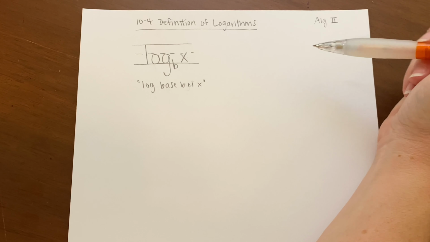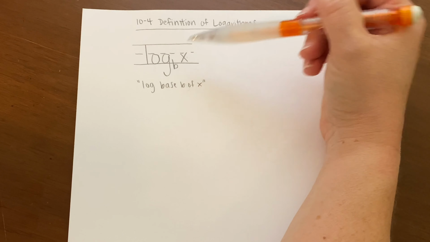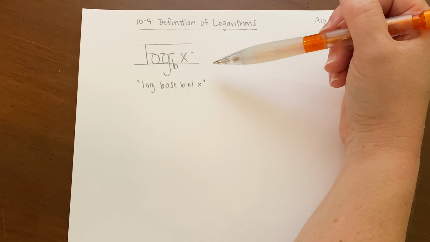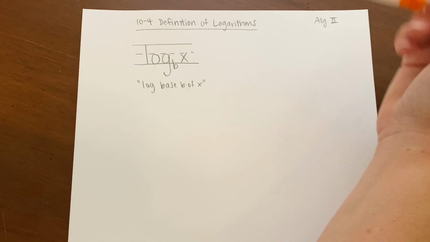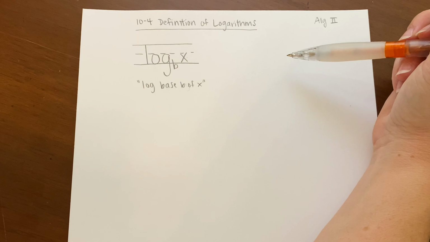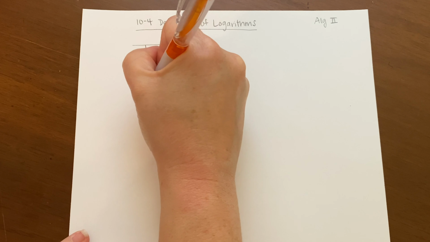So we've studied exponential functions. Now we're going to study their inverse, which is the logarithmic functions. They are related to exponents. That's what I want you to keep in your mind. Logarithms, exponents. So when we look at these, I'm going to make a little table here.